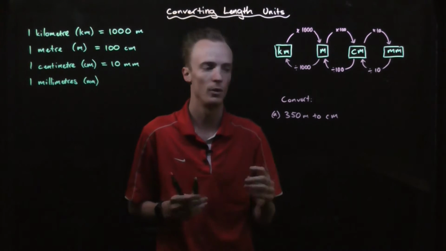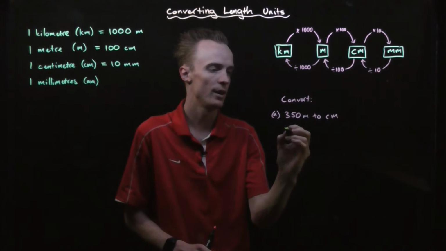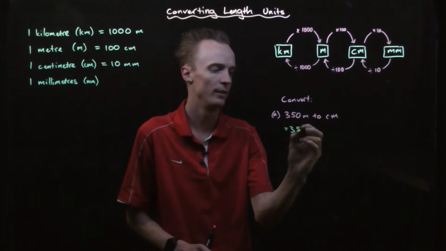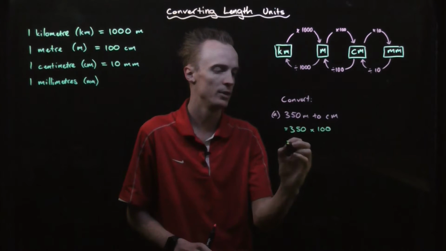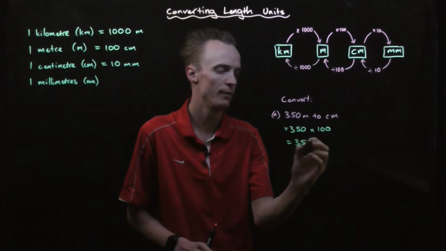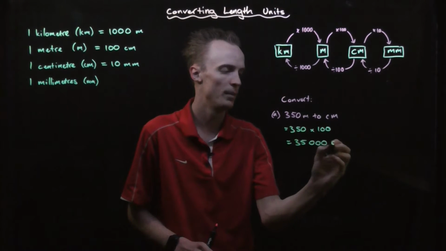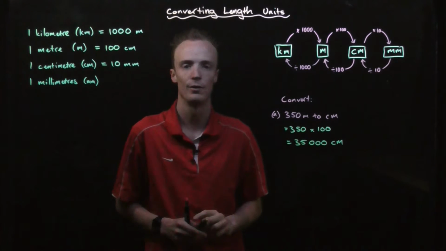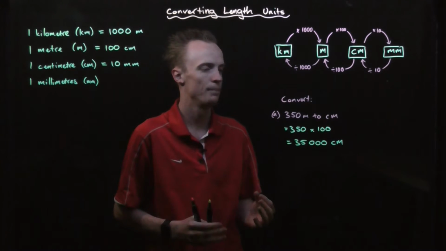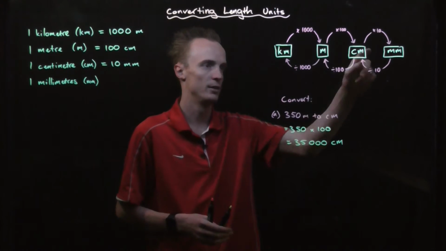In this case, it's to multiply by 100. So I take my 350 metres and I multiply by 100. When I do that, this will give me 35,000 centimetres, which is how many centimetres there are in 350 metres. So that's how we move from here to here.